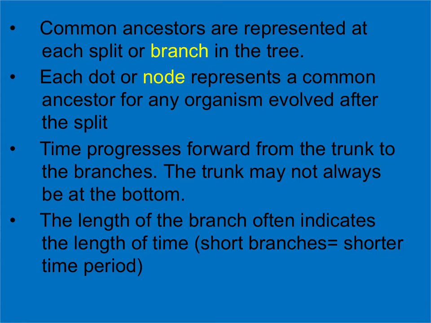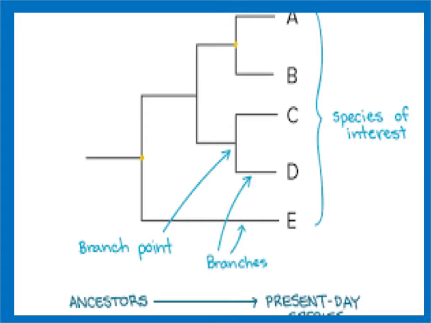So a shorter branch is going to indicate a shorter time period, and a longer branch is going to indicate a longer time period. So if you look here, this would be our common ancestor, and that's represented here. Okay, and then E came off of the common ancestor. So the species E has branched directly off from the common ancestor. But then all these others have diverged.